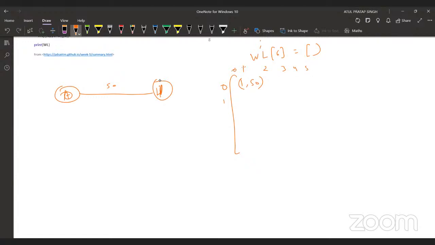This edge is considered from 0 to 1, as well as from 1 to 0, because there is no direction on the edge. So we will represent this edge in both places. So for 1 to 0, we will also represent that 1 comma 50 in the undirected graph.